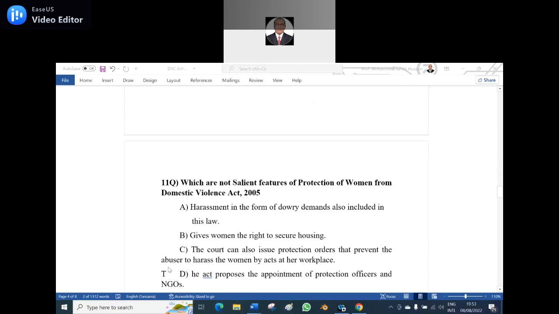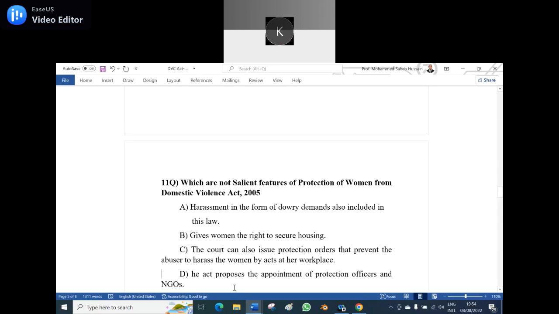Eleventh question is, which are the salient features of the Protection of Women from Domestic Violence Act 2005? Option A, harassment in the form of dowry demands also included in this law. Option B, gives women the right to secure housing.